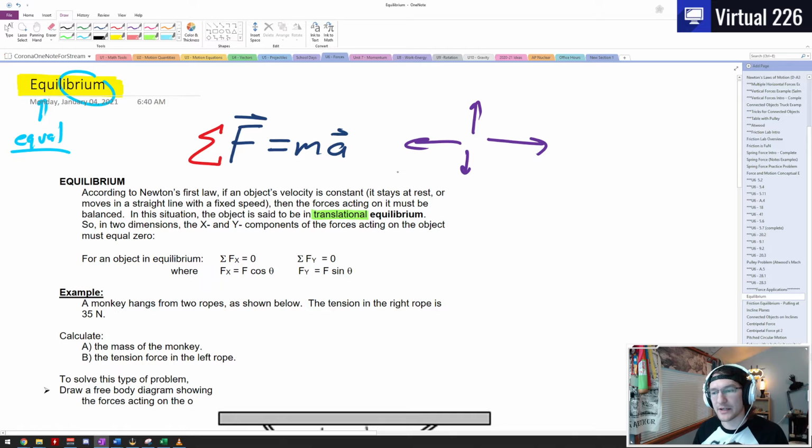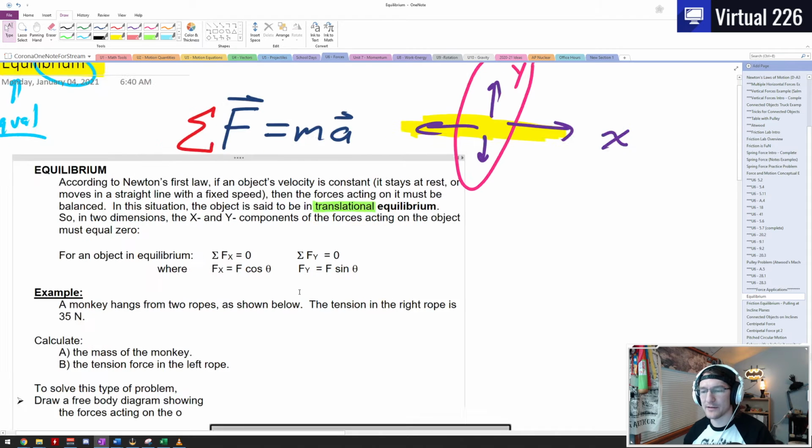What's going to happen is that the forces in the x direction will be equal and opposite. They'll cancel out. And our y direction forces going up and down will be equal and opposite as well.